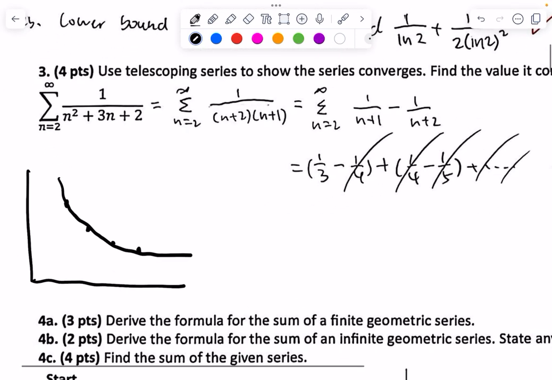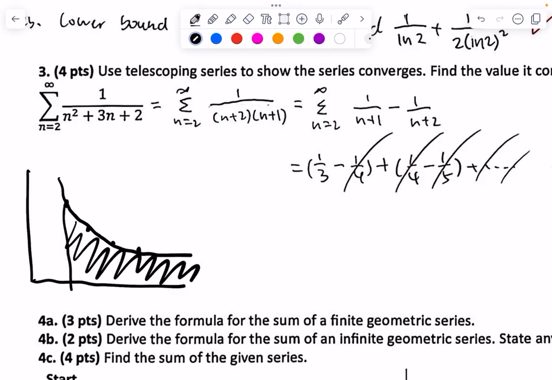But then the true area, the integral, would be this part. But then what would the sum of our series be? Well, it would be this y value over this part, over this part, over this part.